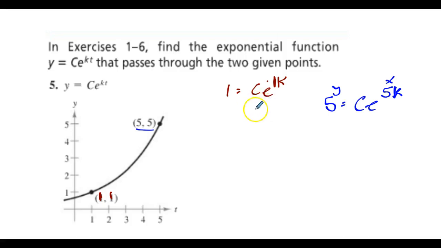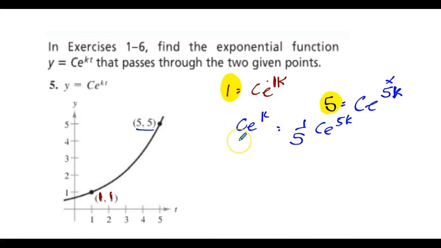So over here we've got C e to the k equaling 1/5 C e to the 5k, because the 1 is 1/5 of the 5.